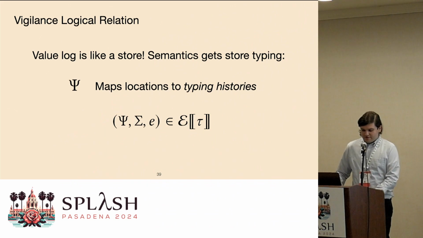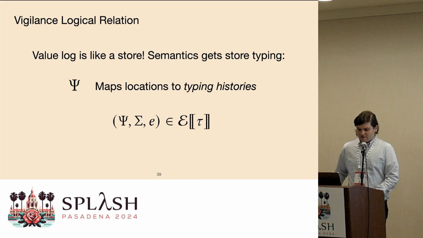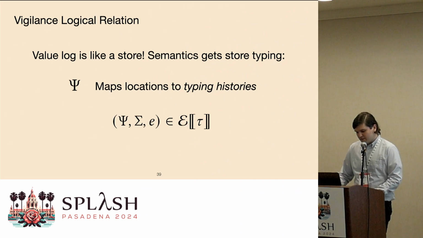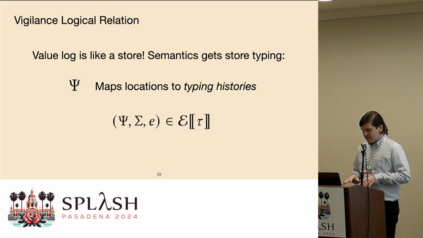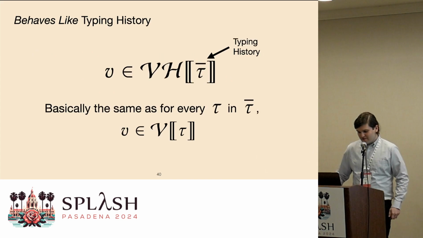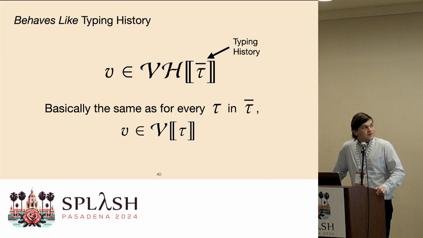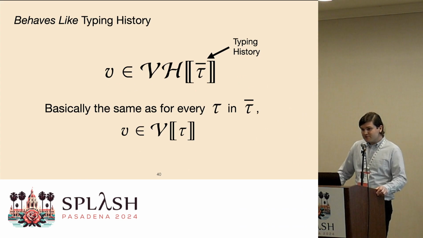So now we'll have two additional members of our logical relation. We'll have the store typing, the value log typing, and the value log itself. OK. So that's how we get to typing histories, but we still have one more component, which is what does it mean to behave like a typing history? And to do this, we introduce this notion of a value history relation.